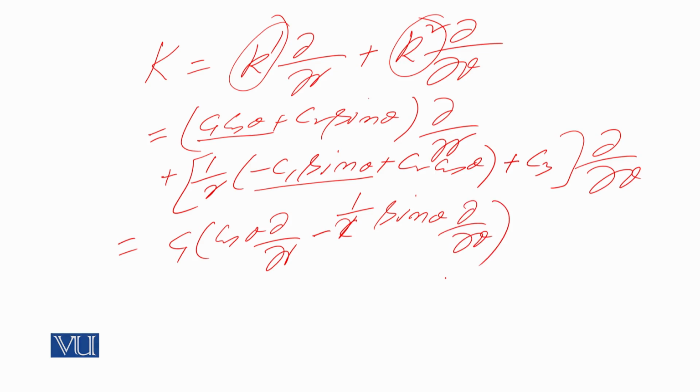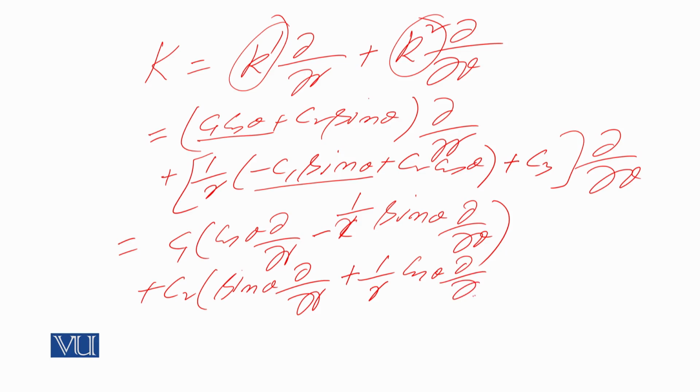plus c2 sine theta partial by partial r, and here plus 1 over r cos theta partial by partial theta, plus c3 partial by partial theta.